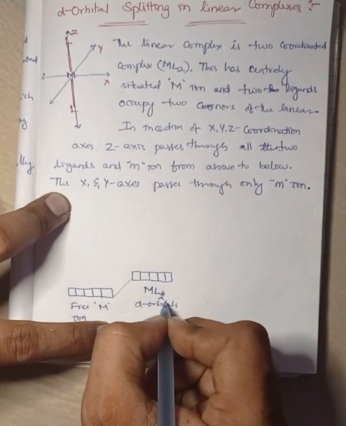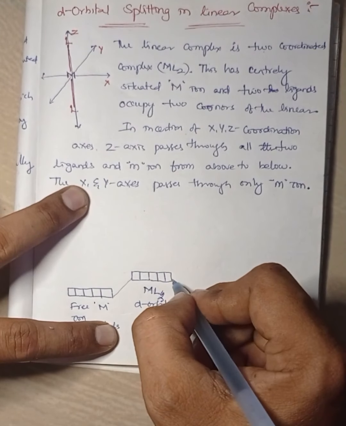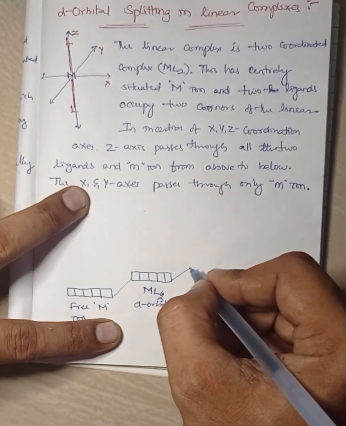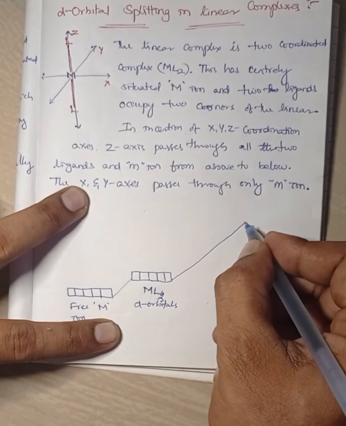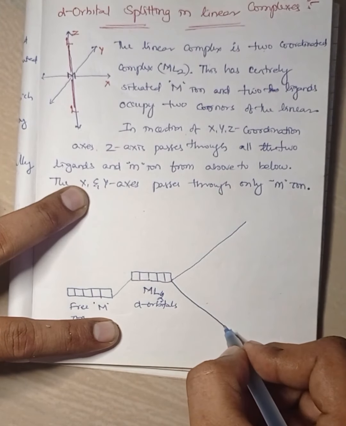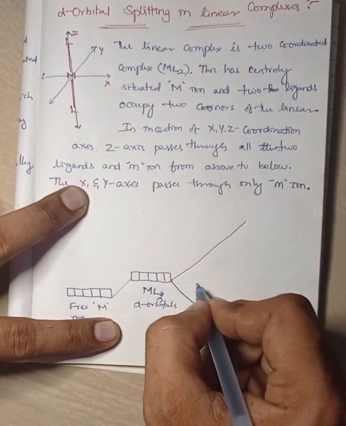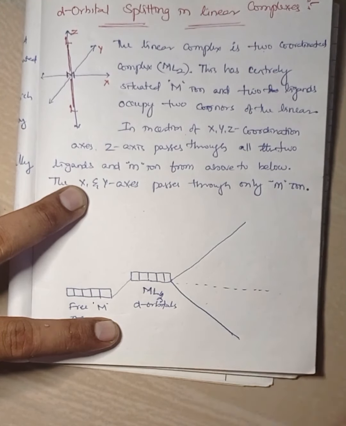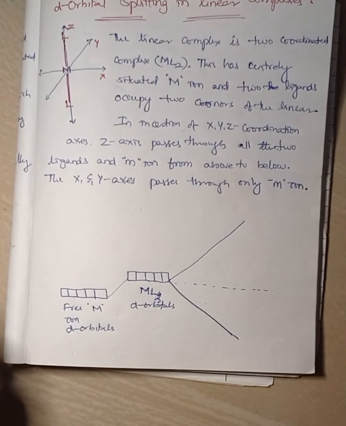In the complex the d orbitals undergo splitting. So that's how the d-orbital splitting takes place.